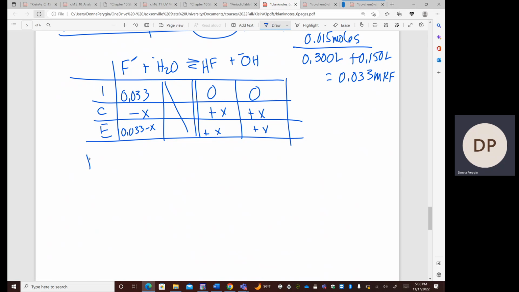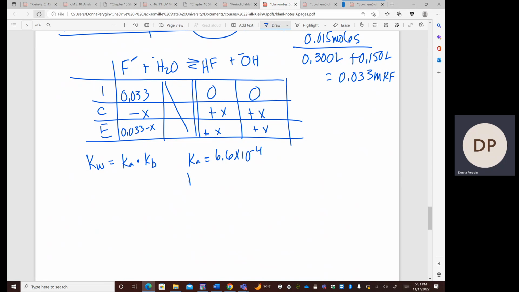We need to remember that Kw equals Ka times Kb. And we can look up the Ka for this acid. Remember, the Ka is equal to 6.6 times 10 to the minus 4th, and the Kw is 1.0 times 10 to the minus 14.